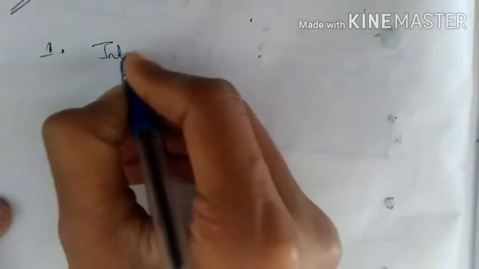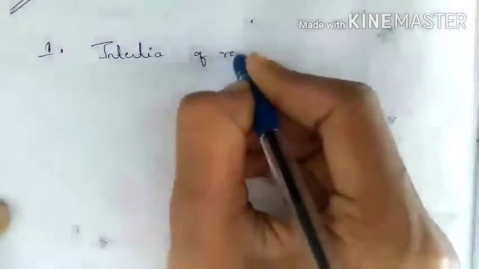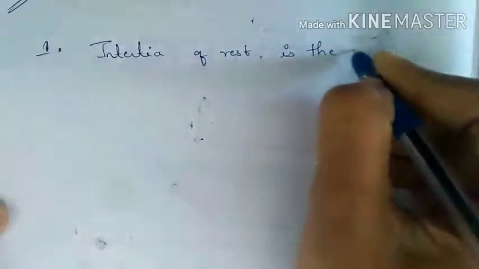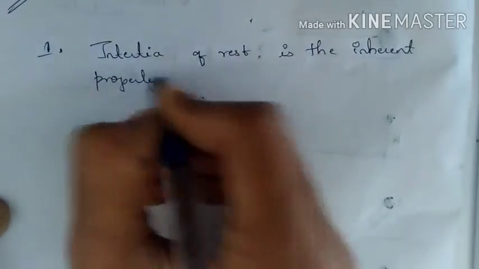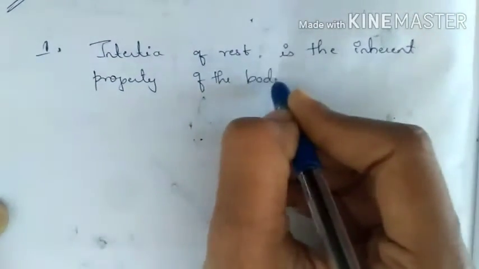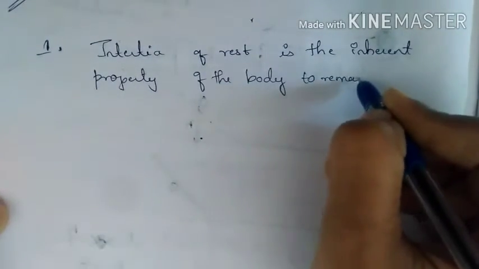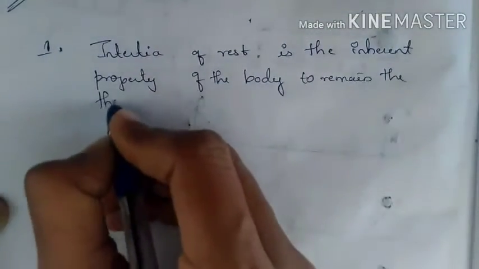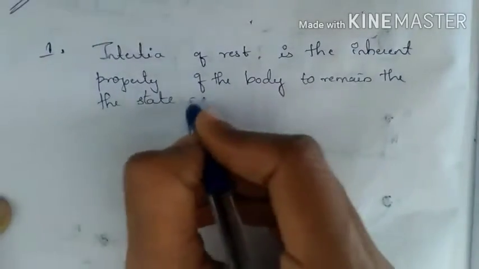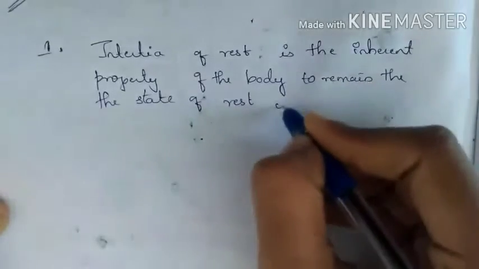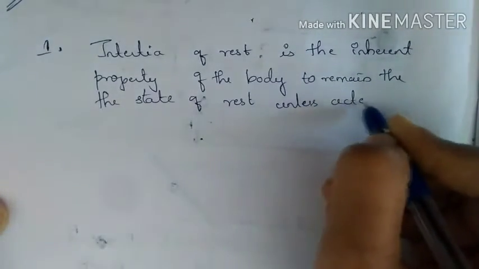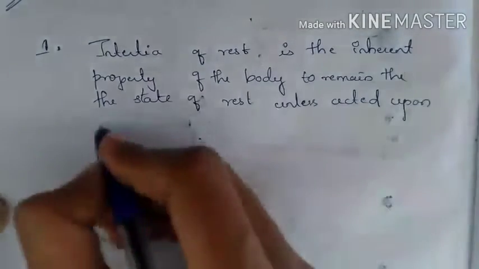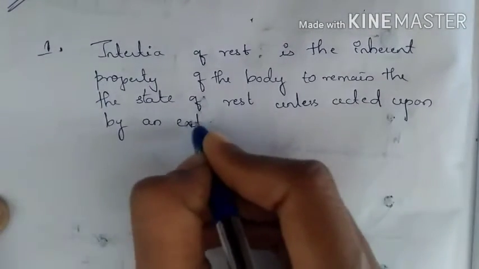So the first point here, for inertia: inertia of rest is the inherent property of the body to remain in the state of rest unless acted upon by an external force.